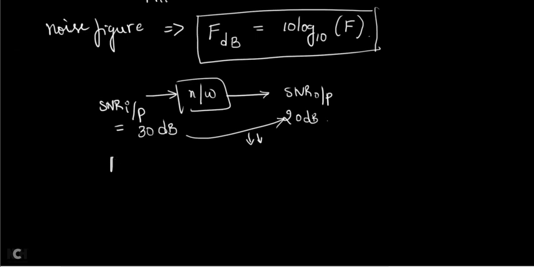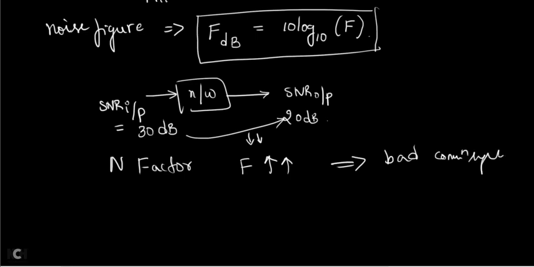So what if the noise factor or the noise figure capital F is greater? If the noise factor capital F is greater, that means more noise is added by the network. So that is called a bad communication system. So if the noise factor is less, that means what? Less noise is added by the network. So that means if the noise factor is less, then we can call it a good communication system.